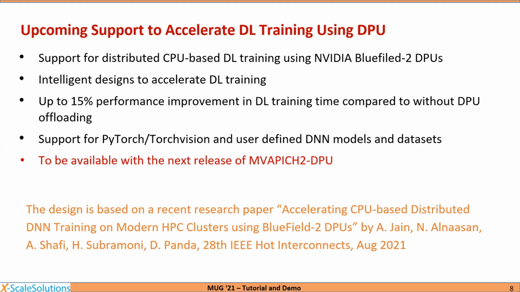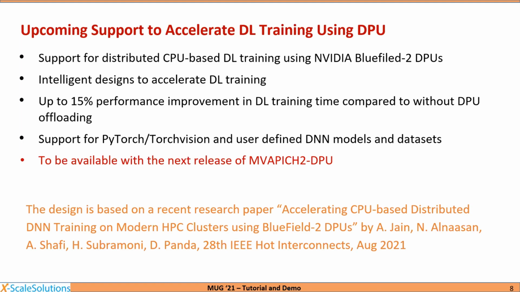to accelerate DL training. And we are going to support distributed CPU-based DL training with the DPU, with novel designs. Our internal evaluation already shows that it improves overall execution time by up to 15% with the offloading enabled.